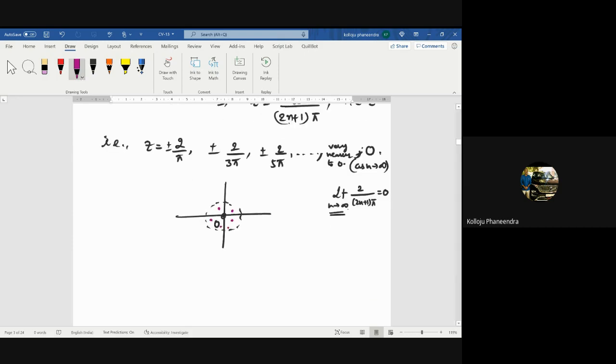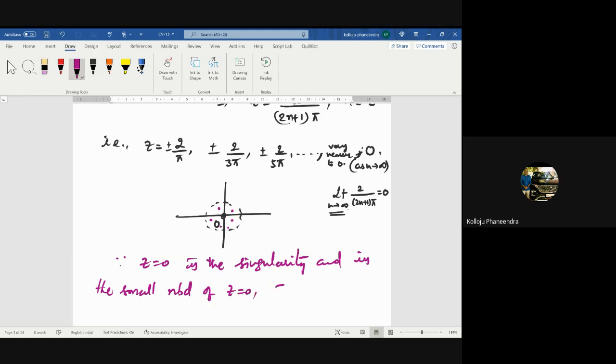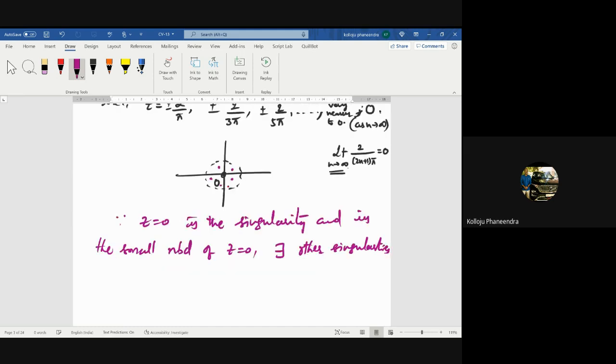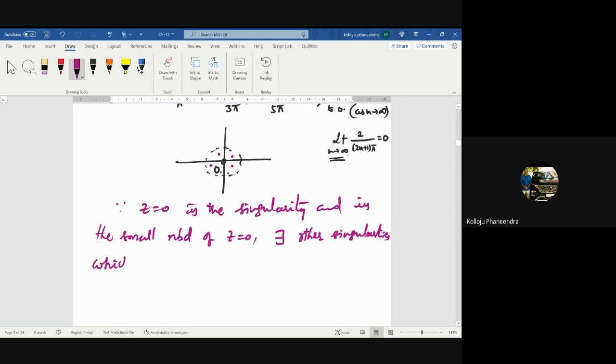So I'm mentioning here, since z equal to 0 is the singularity, and in the small neighborhood of z equal to 0, there exist other singularities which are very nearer to 0.